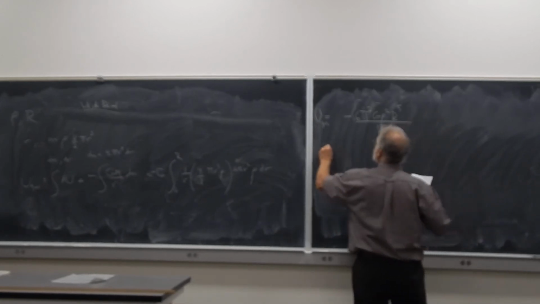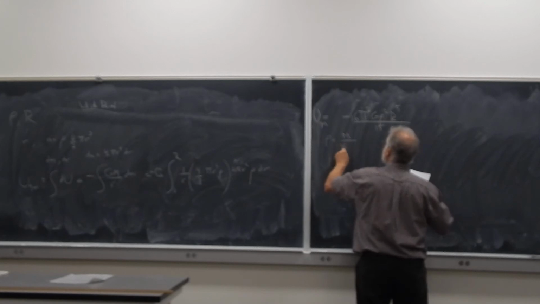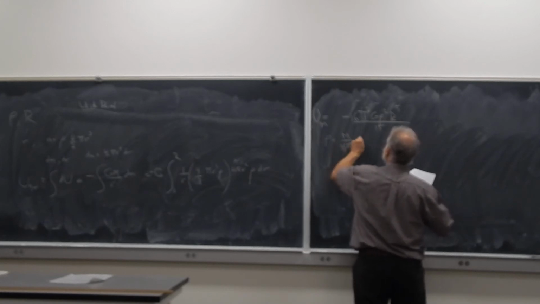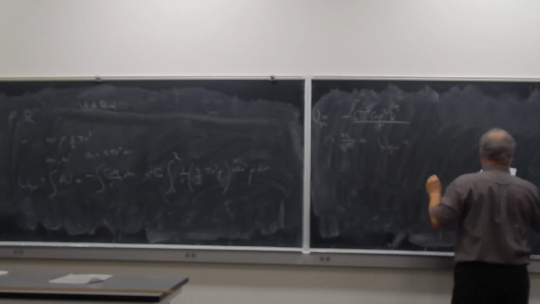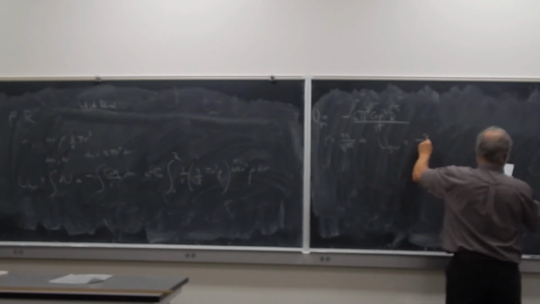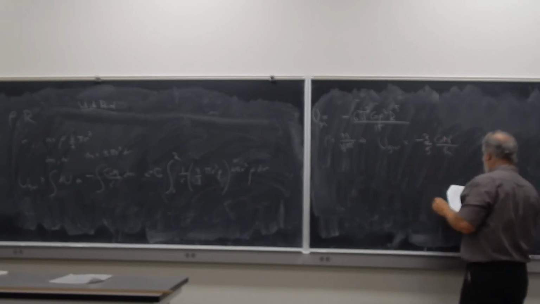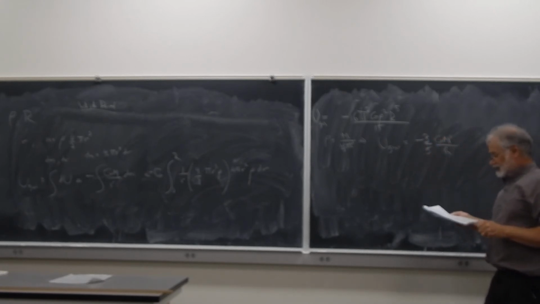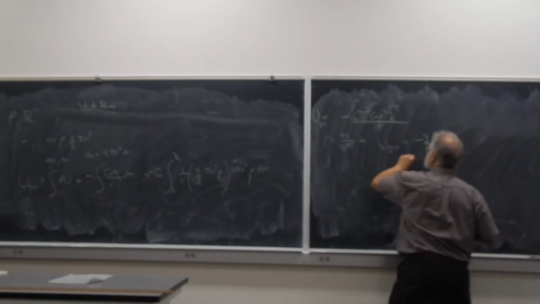Of course, rho is equal to the total mass divided by the volume, 4/3 pi R cubed. So I can write my gravitational potential then as minus 3/5 G M squared over R. Okay? So that's my gravitational potential for the white dwarf.